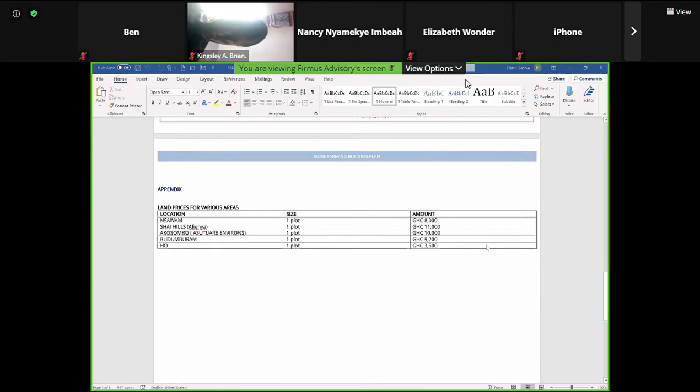So as part of it, I did an evaluation of the cost of plot of land at various places for me to have a look at it. Okay, this would work for me in terms of my planning. Will I be comfortable setting up a snail farm when I know my market is in Accra?